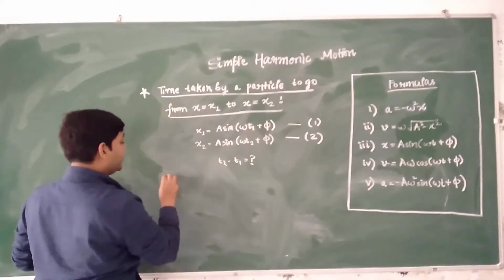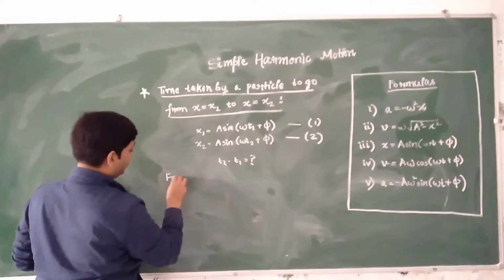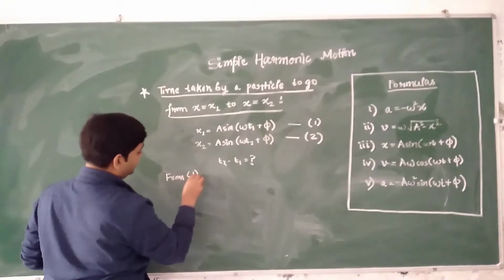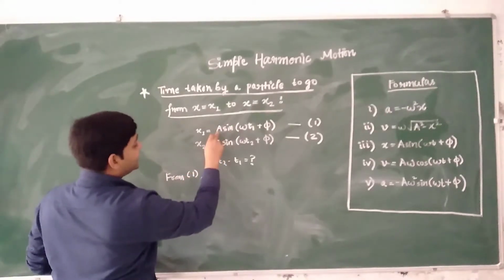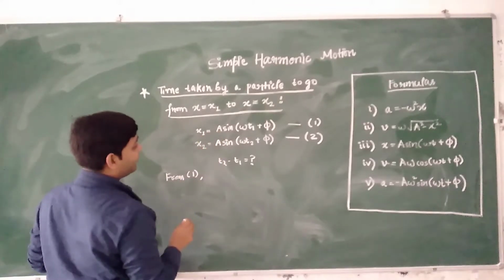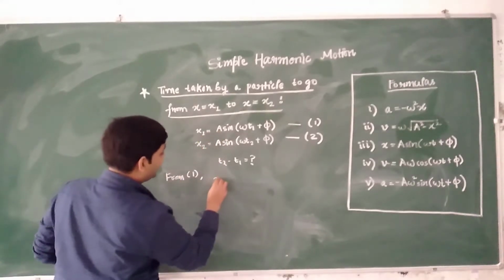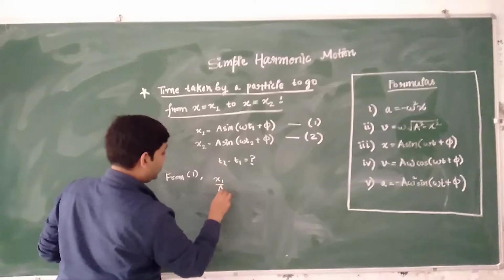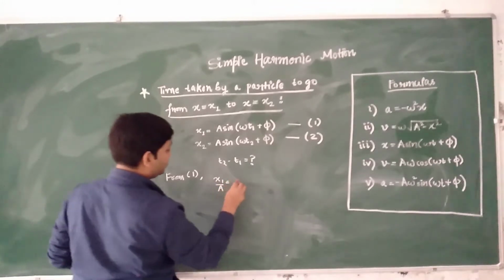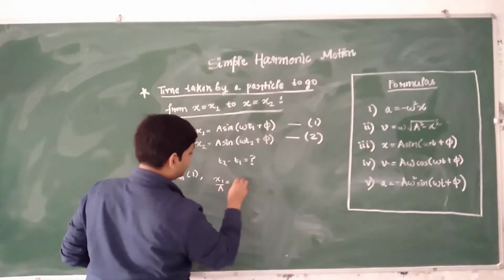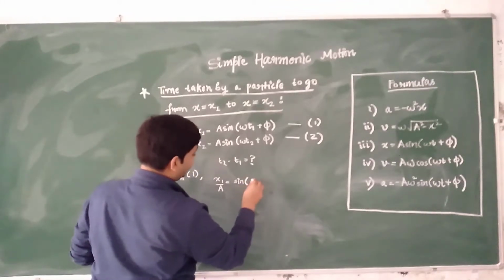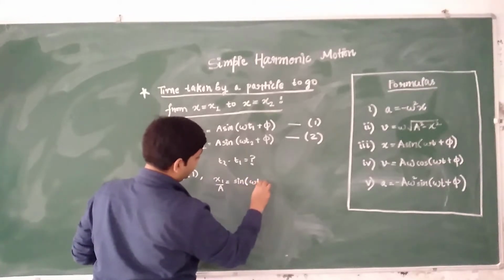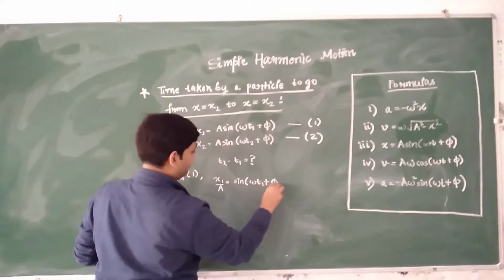So from equation 1, can we find out the value of t1? Let us take this a in the denominator of x1. Then we will have x1 upon a is equal to sin(omega t1 plus phi).